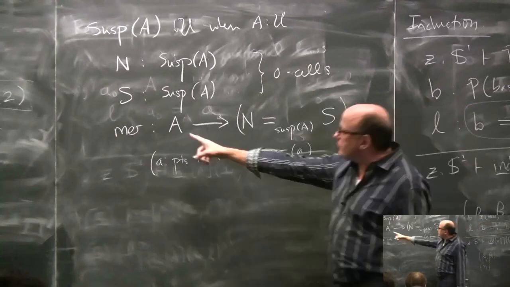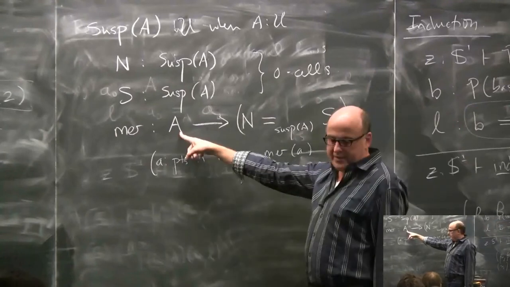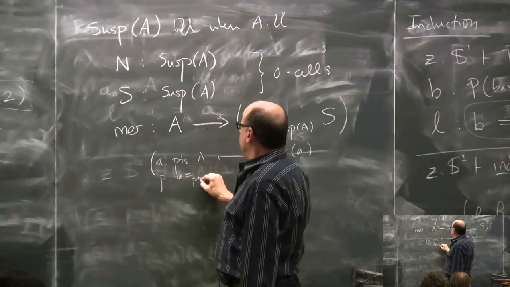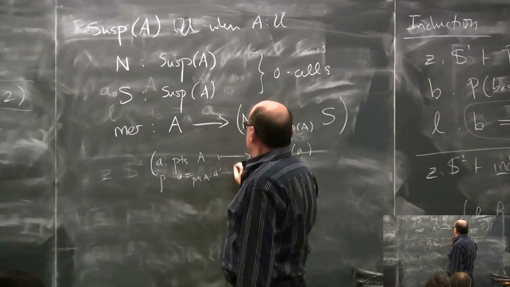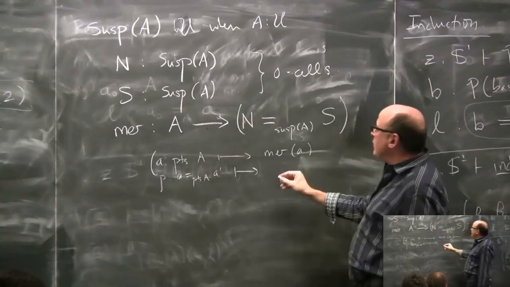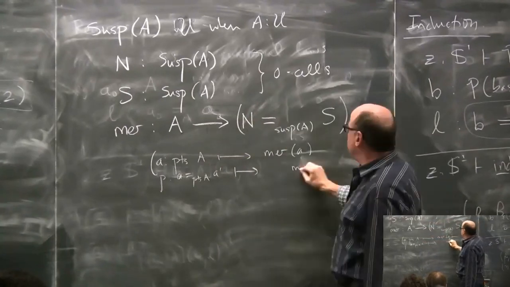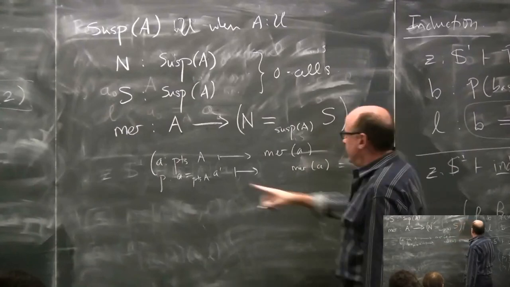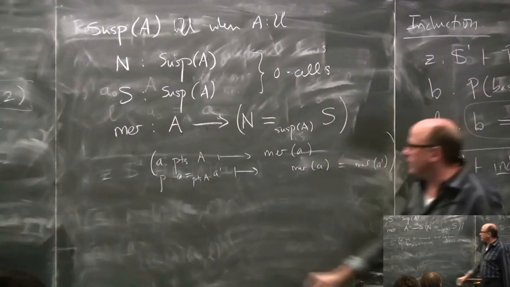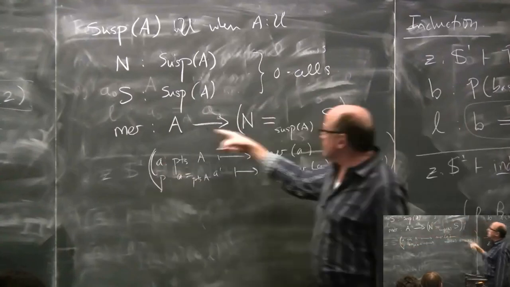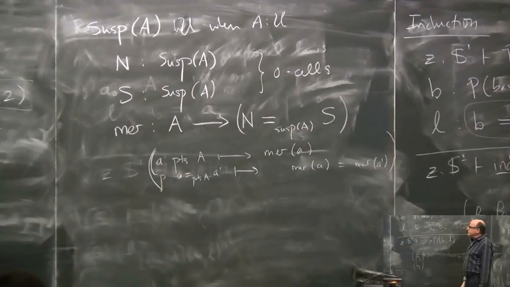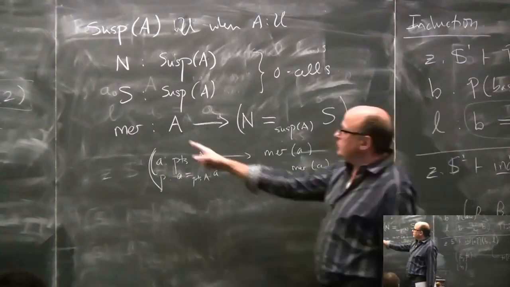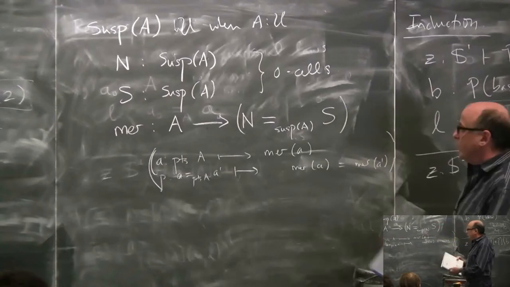But moreover, it respects the path structure in A. So if you give me equal points A and A prime in A, then it ought to tell you that the meridians are equal. Okay, so you have to remember that, right? In other words, this is a functorial, or loosely speaking, continuous assignment of meridians to the points in A. Okay, so that's the way to do it.